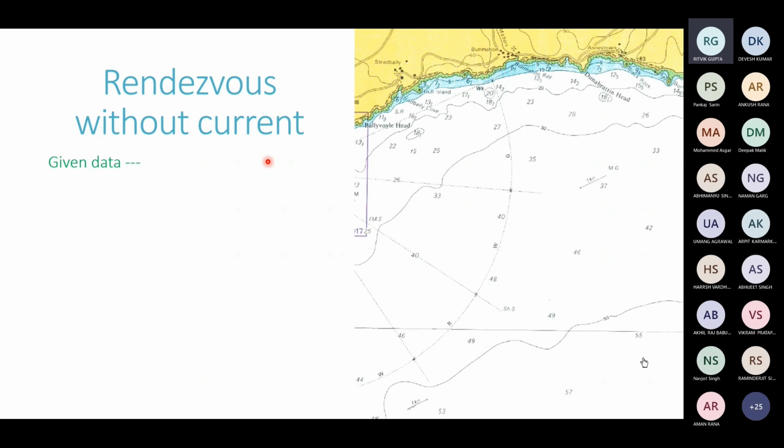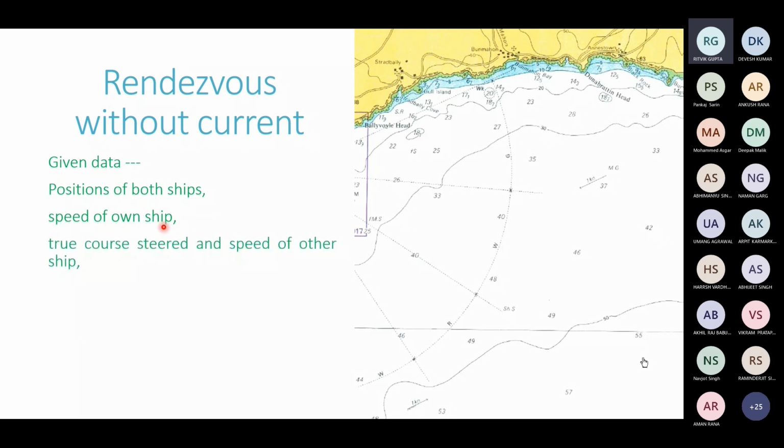Now, beta, in these type of questions, the data which is given to us is the question tells us the position of both the ships, that is our ship and the target ship or the other ship. The speed of own ship is given to us. We know what is the speed which we can maintain.